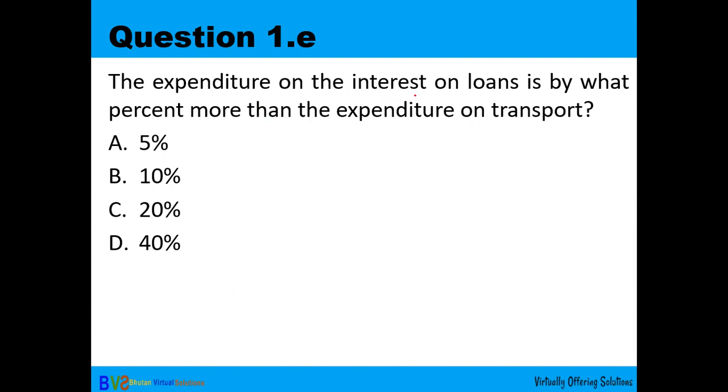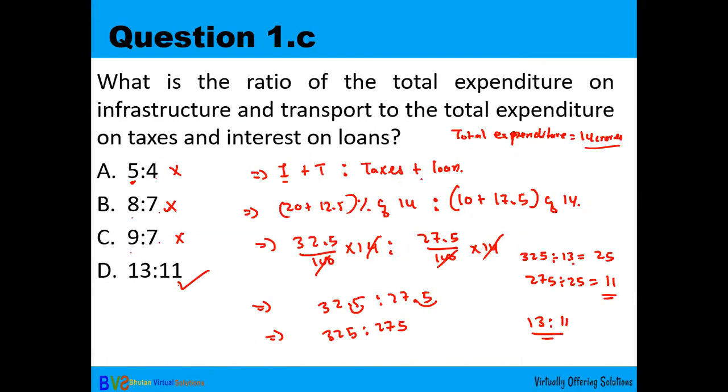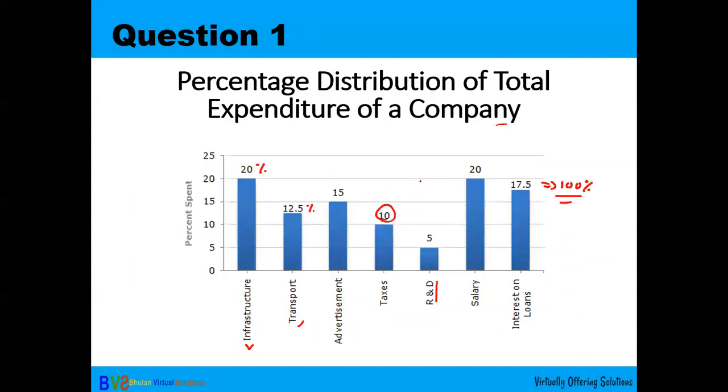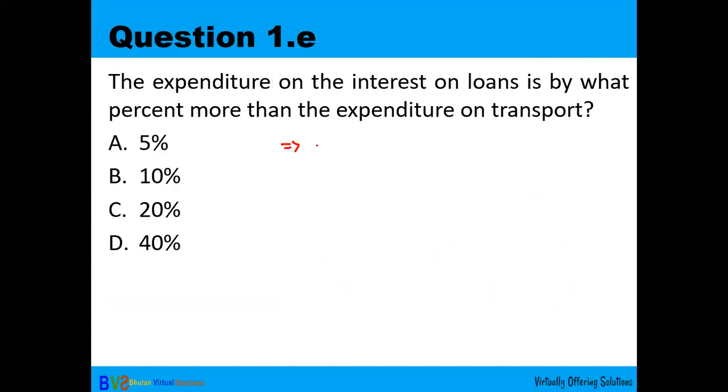Expenditure on interest on loan was 17.5% of the total expenditure, which we got as 14 crore. So 0.175 times 14, you are getting 2.45 crore.